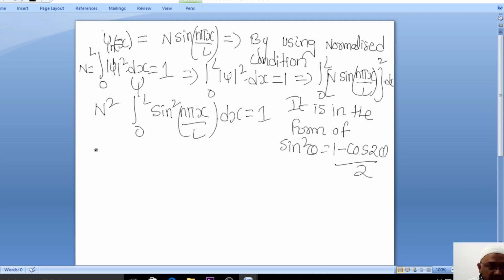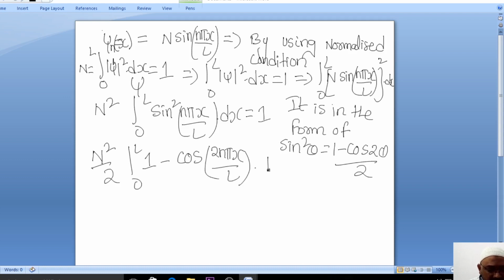Now here what we are writing, n squared into 1 by 2, the 2 taken outside, so what will be remaining: integration from 0 to L of 1 minus cos 2 n pi x by L into dx. Now this is equal to 1.